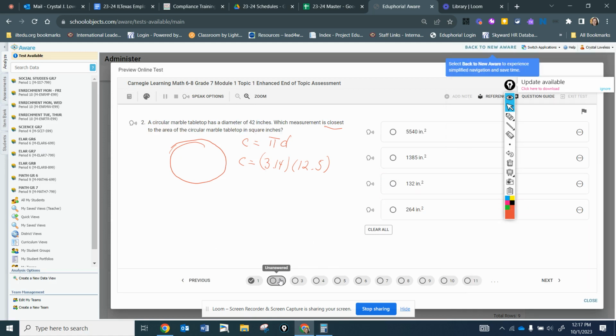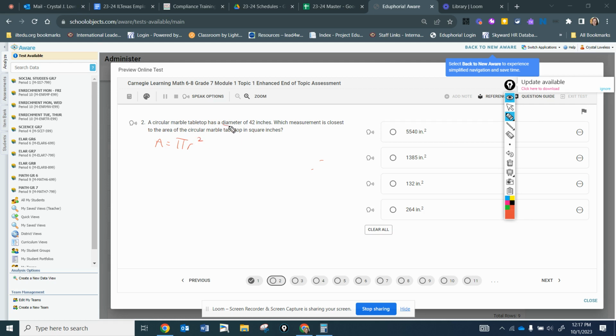Number 2, a circular maple tabletop marble has a diameter of 42 inches. Which measurement is closest to the area of the circular marble tabletop in square inches? Okay, so this time it's asking for area, and we know our formula is A equals pi r squared for area.